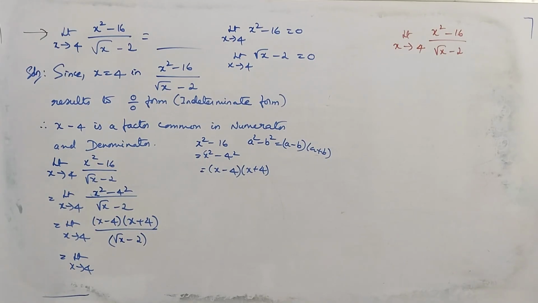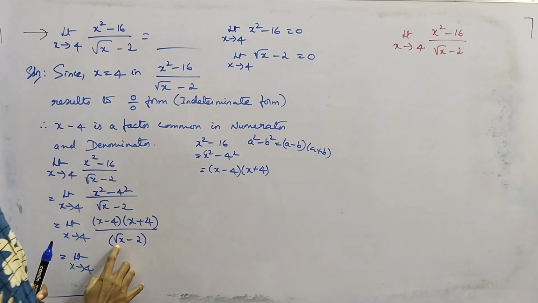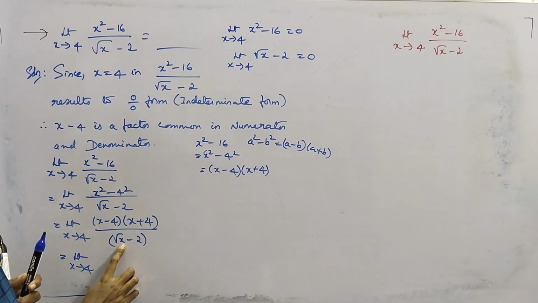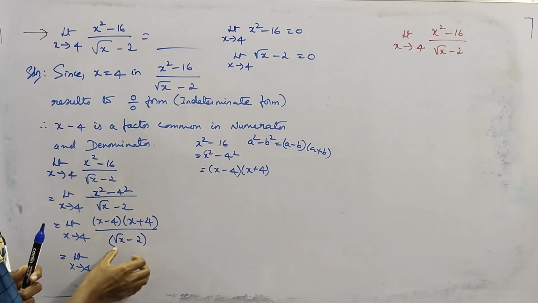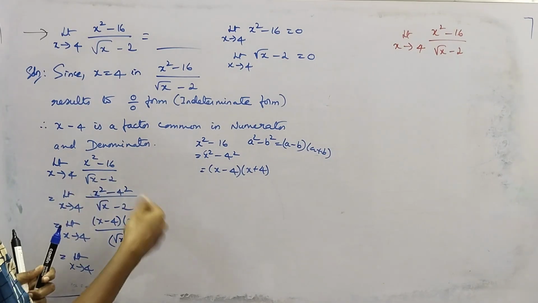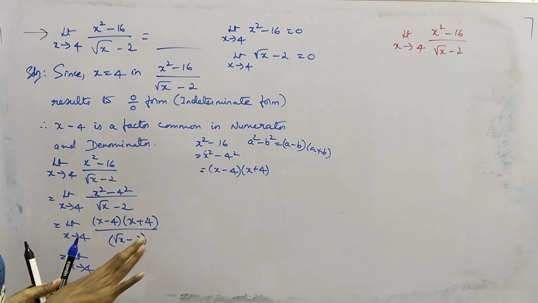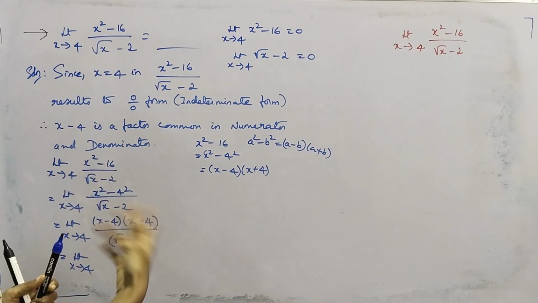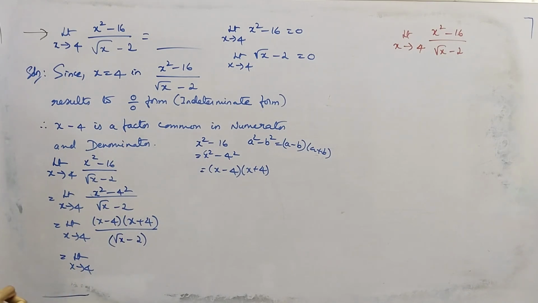The people may ask, where is the common factor x minus 4 in the denominator? See, here you're having root x minus 2. Whenever you get a root, we'll be rationalizing it. Okay, that comes in the next topic. So if we rationalize it, the conjugate of square root of x minus 2 is square root of x plus 2, right?